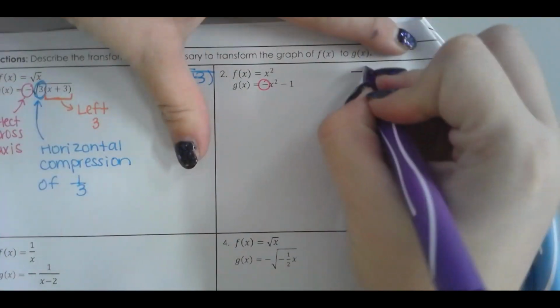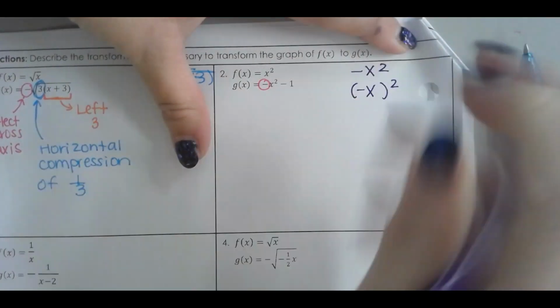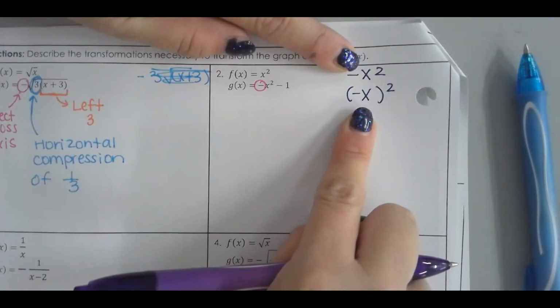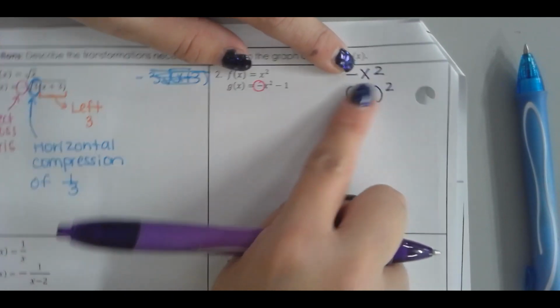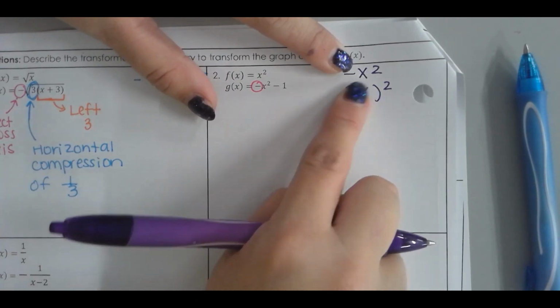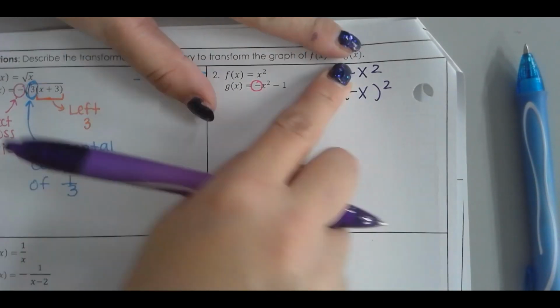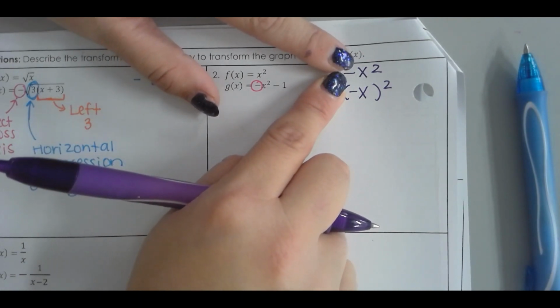Those are two different things right here. If you have parentheses around the negative x, I would consider that inside. The one that we have, there's no parentheses, so we would consider that one outside.